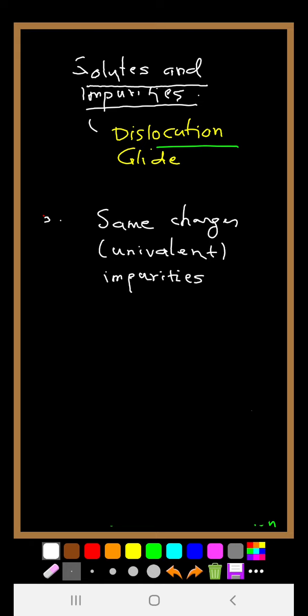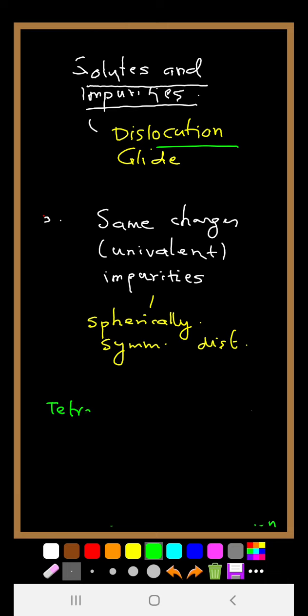They produce a spherically symmetric distortion. The previous distortion that we talked about while putting in a cation vacancy was a tetragonal distortion, which impedes the dislocation motion. And it was caused by a cation vacancy.